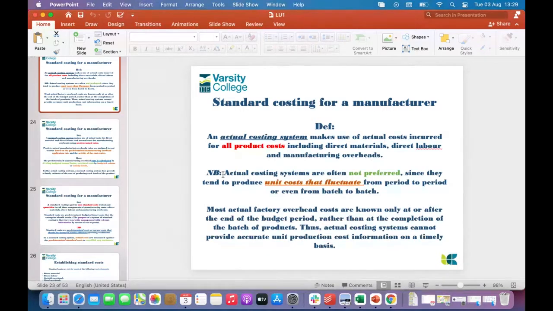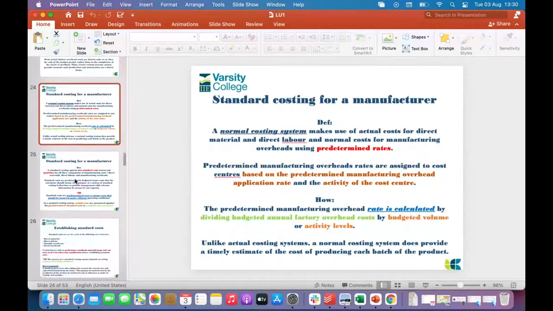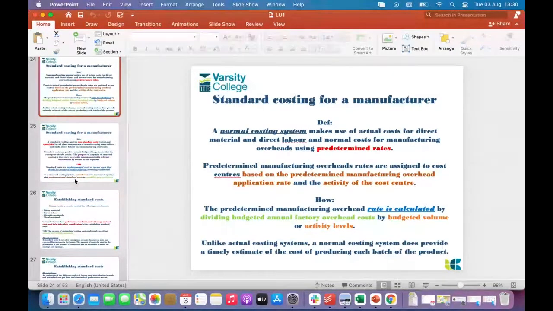Most actual factory overhead costs are known only at or after the end of the budget period, rather than at the completion of the batch of products. Thus, actual cost systems cannot provide accurate unit production cost information on a timely basis. Which is just speaking to what I was saying in a different set of words. We need this more timely. We don't want to wait for the end of the whole thing.